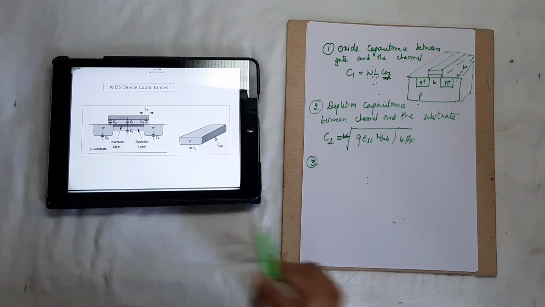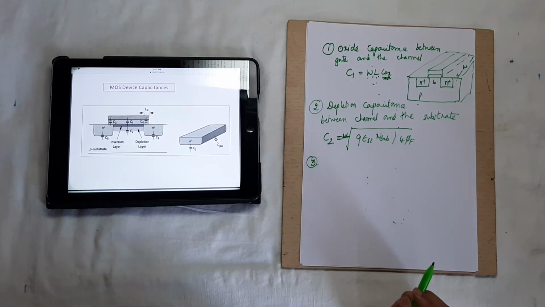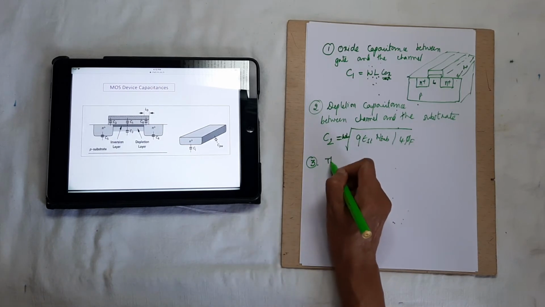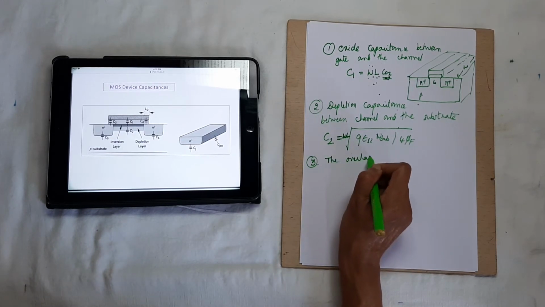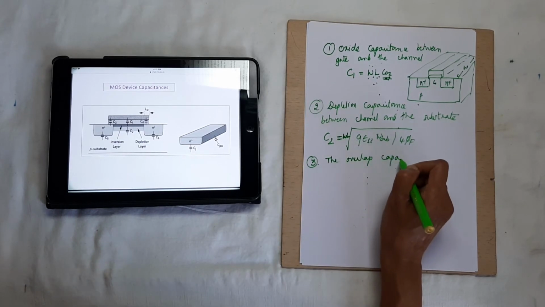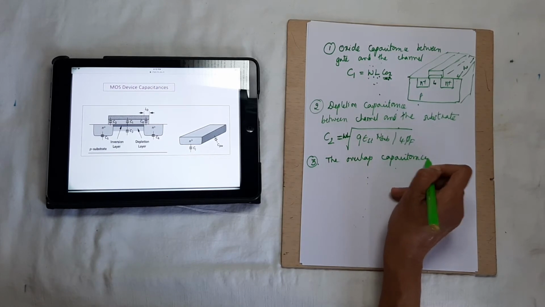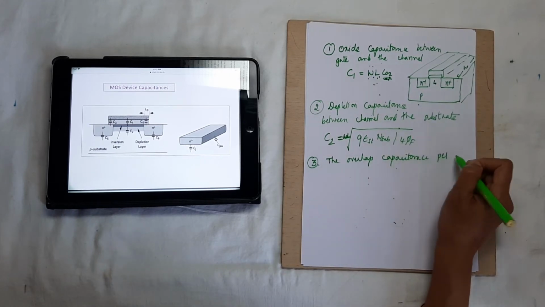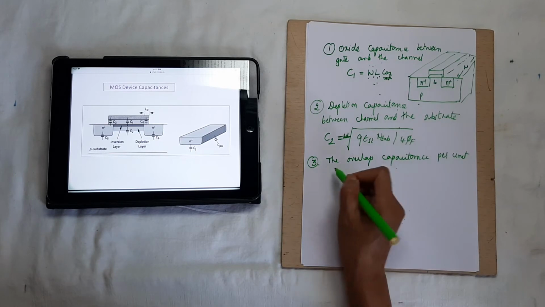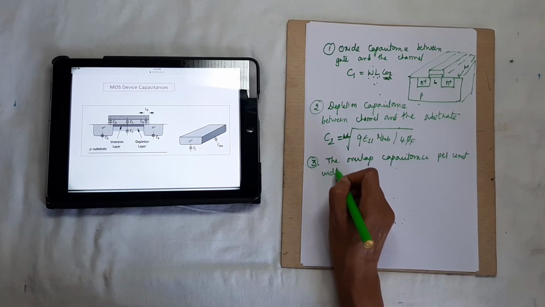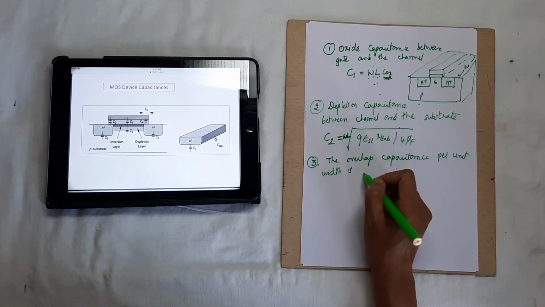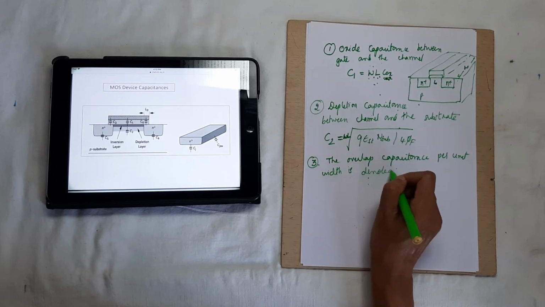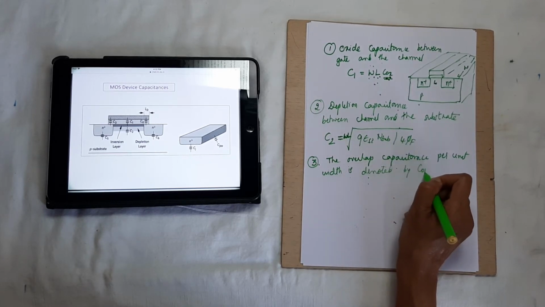Therefore, C3 and C4 are known as the overlap capacitances. The overlap capacitance per unit width is denoted by COV.